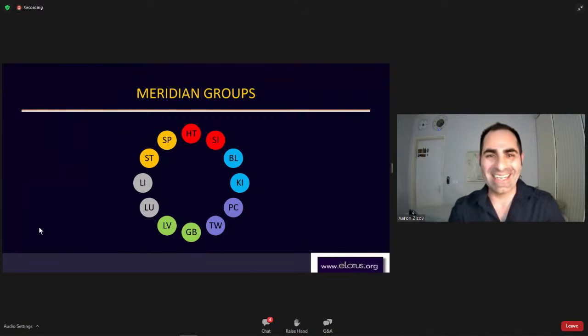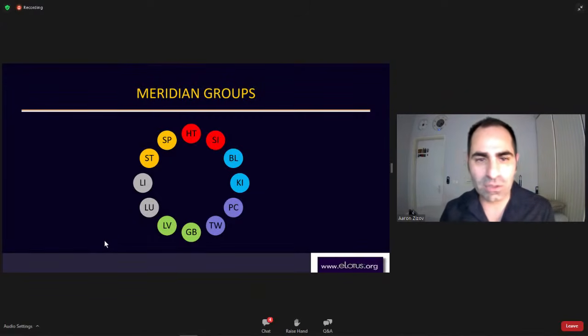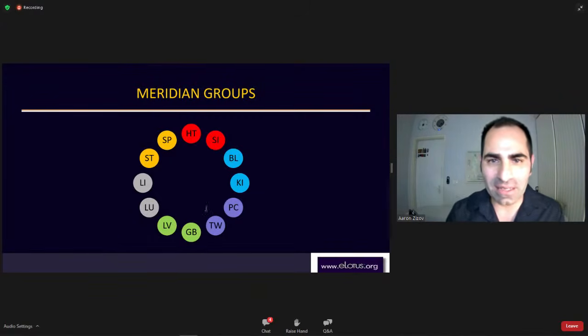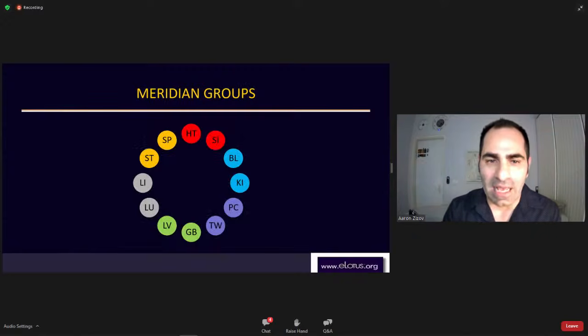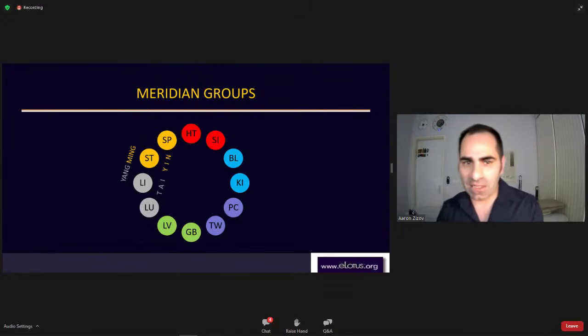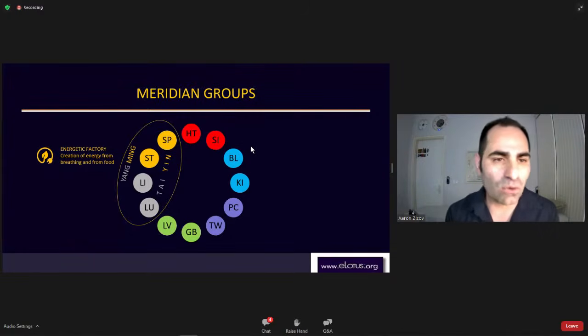Next one. Okay. Also, we have another way to look at all the different meridians. So we have the different levels. We have the Tai Yin with lung and spleen, we have the Yang Ming, large intestine and stomach, and this is a group of, we can call it the energetic factory, the creation of energy from breathing and from food.